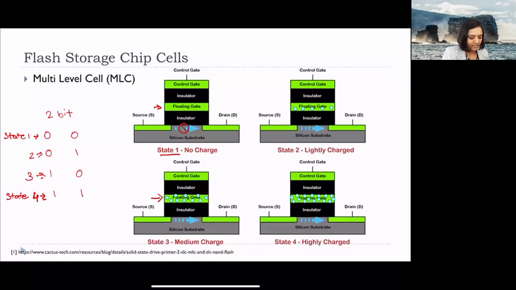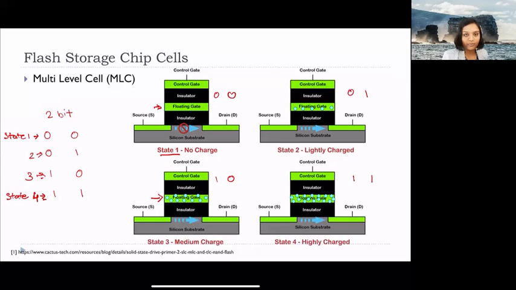So when we have few electrons gathered into our floating gate, then we can say that it's slightly negative, and that could be our state 0 1. When we have few more electrons, we can say it's medium charged, and that can be our state 1 0. And when we have a floating gate full of electrons up to its highest capacity, then we can say that it's fully charged or highly charged, and that can be a representation of our state 1 1.